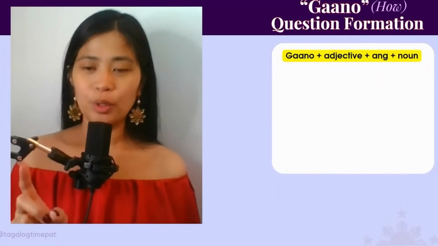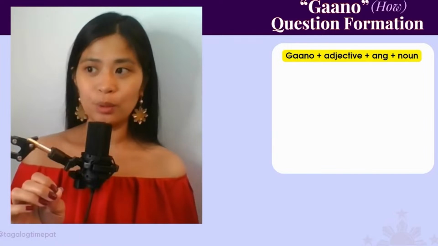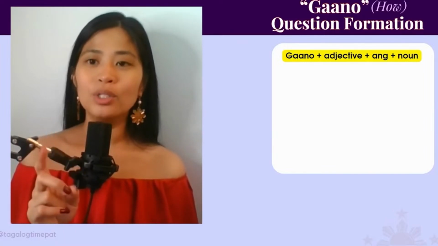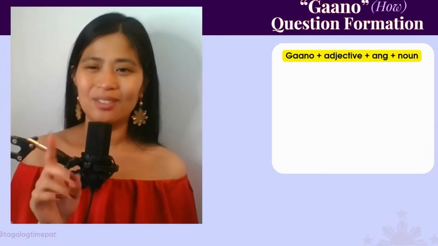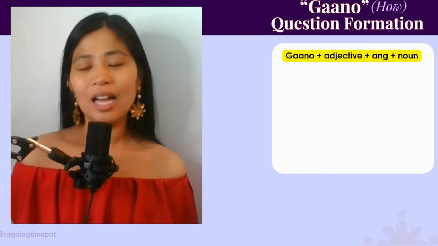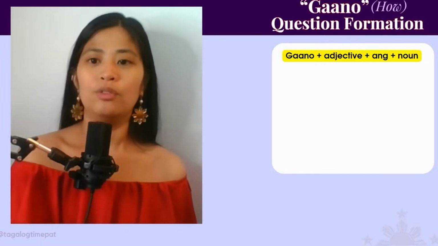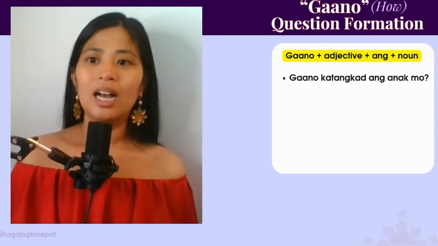Now I want to show you this other question word. We learned paano, but there's also gaano. This also means how, but in a different sense. For example, gaano plus an adjective plus ang plus a noun. For example, gaano katangkad ang anak mo?